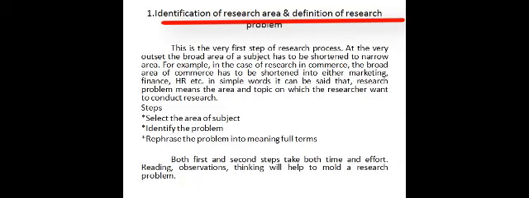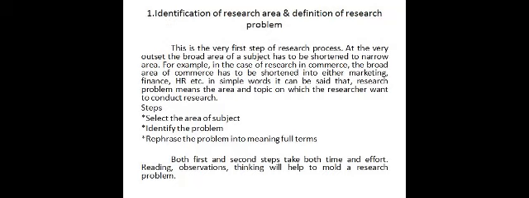For example, in the case of research in commerce, there will be different areas such as marketing, finance, human resource, etc. So we have to cut short, we have to confine our research either marketing, either finance or HR.